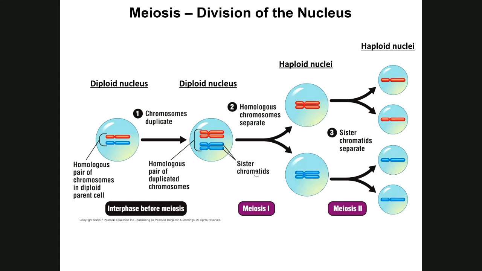For the first round of meiosis, okay, we have what we call segregation. Sometimes they'll say separation.